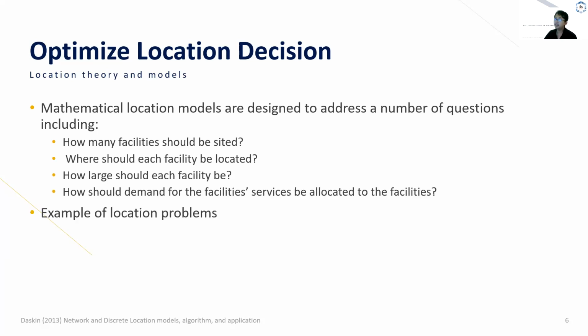Location decision optimization has been discussed in many books and literatures, and in particular, I find the book from Daskin, 2013, entitled Network and Discrete Location Models, quite complete in discussing this matter.